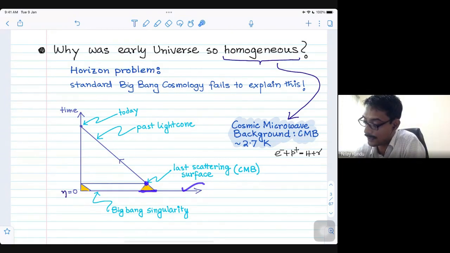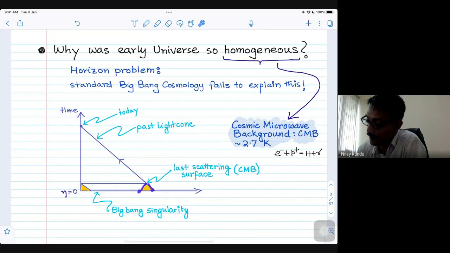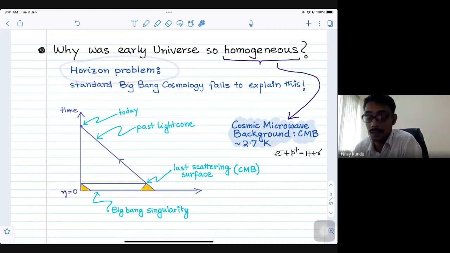Then the question is, how would this point know that this point also has this much temperature? So these past light cones were not overlapping, so they were not in causal contact with each other. So that's the horizon problem, and inflation is an attractive idea that solves this problem.